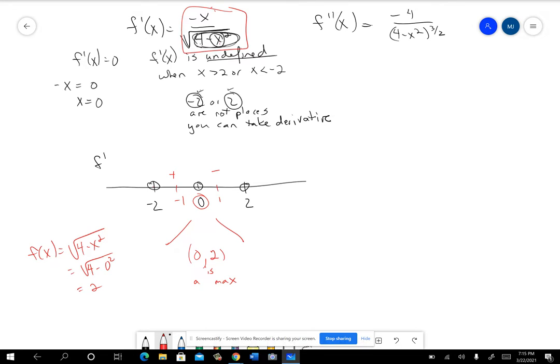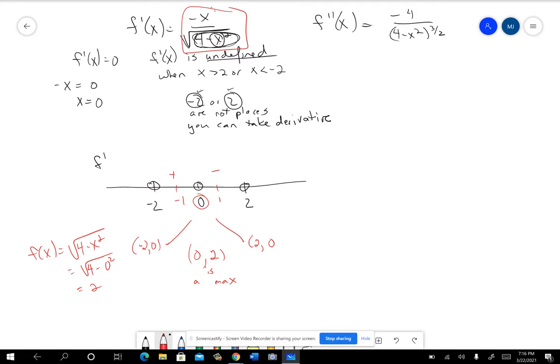And when we do, see how when you plug in a -2, you get 0. And when you plug in a +2, you get 0. So those are going to actually turn out to be minimum spots on the graph.